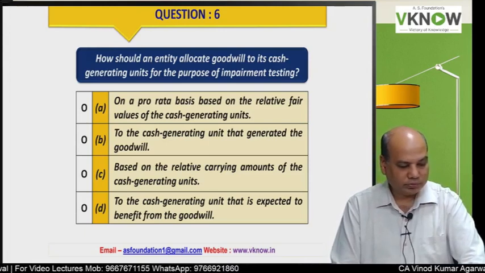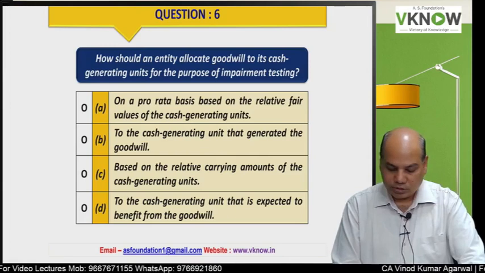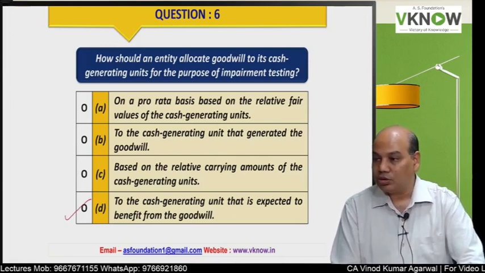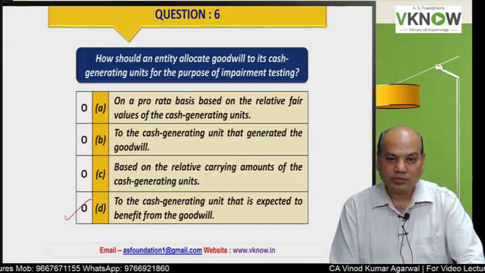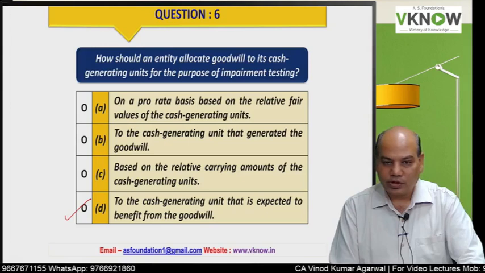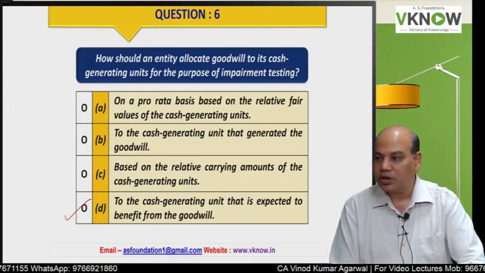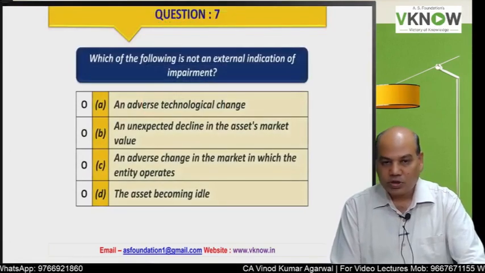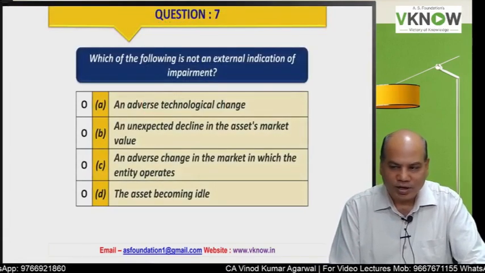Come on. The answer would be D, to that cash generating unit which is expected to benefit from the goodwill. In case of goodwill, you have to allocate to that CGU or CGUs which are expected to benefit from the goodwill. So the answer is D. Question number 7. Please try.